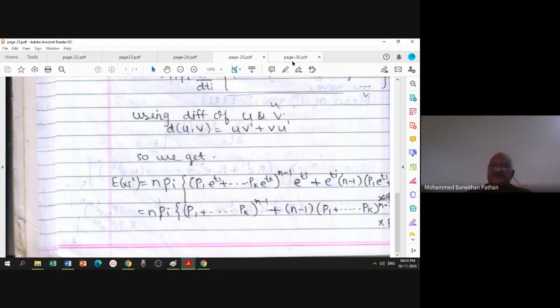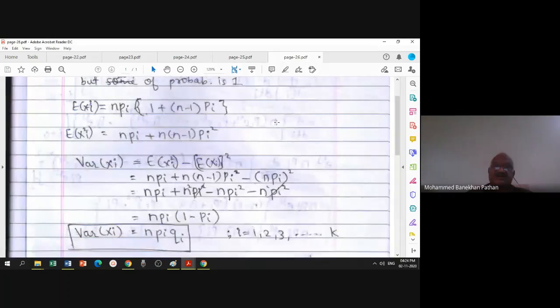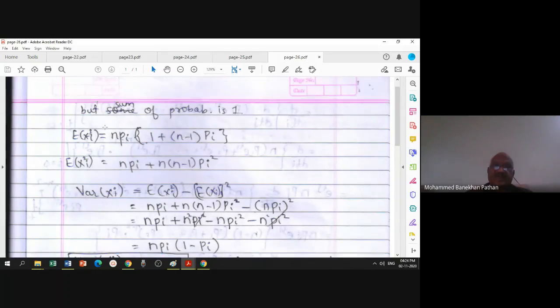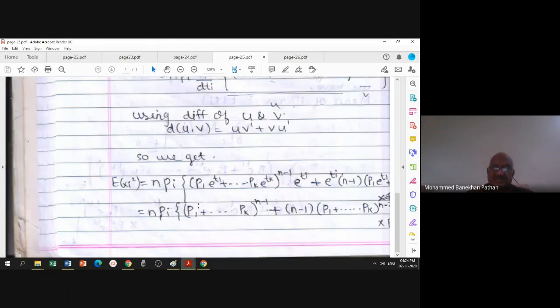So I get a simplified expression. The sum of probabilities is 1, so that bracket cancels. So you get this as 1, and 1 to the power anything is 1, so this is replaced by 1.